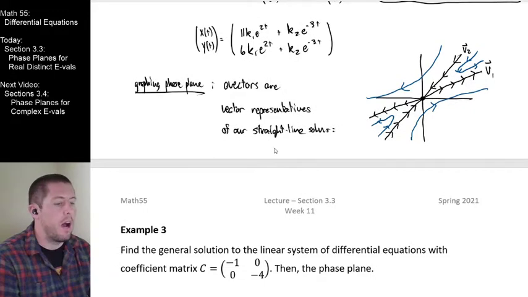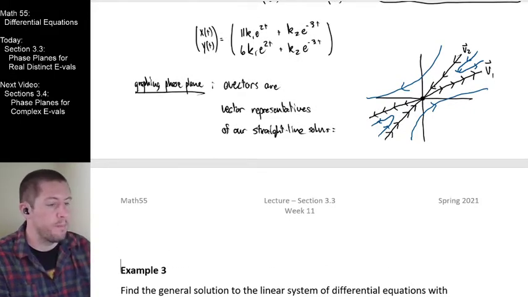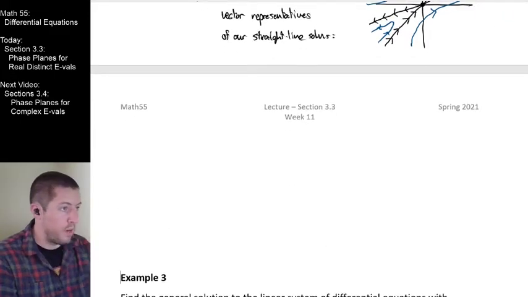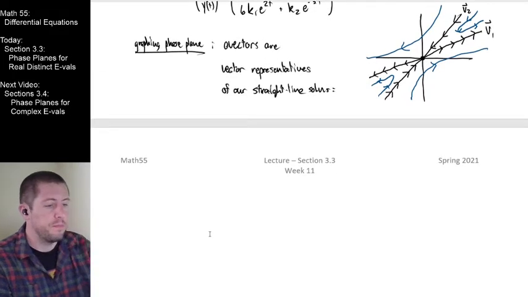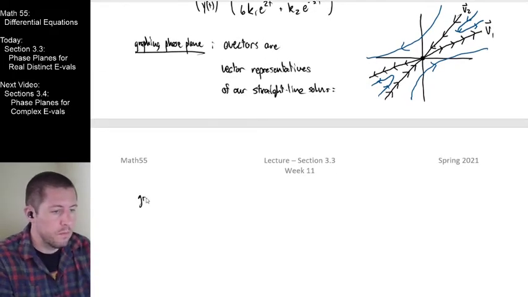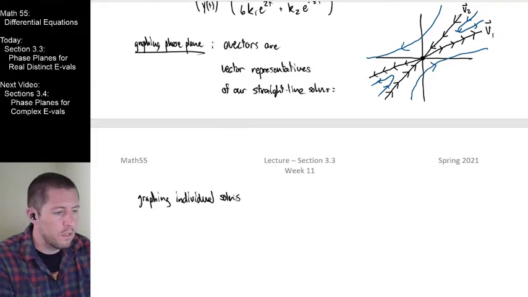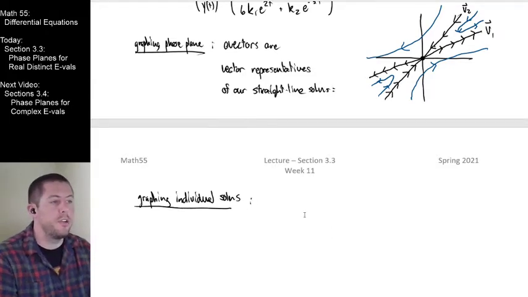But the other thing that we want to do is attempt to graph our individual solutions right here. And here's the thing that I'm going to do to help myself out.